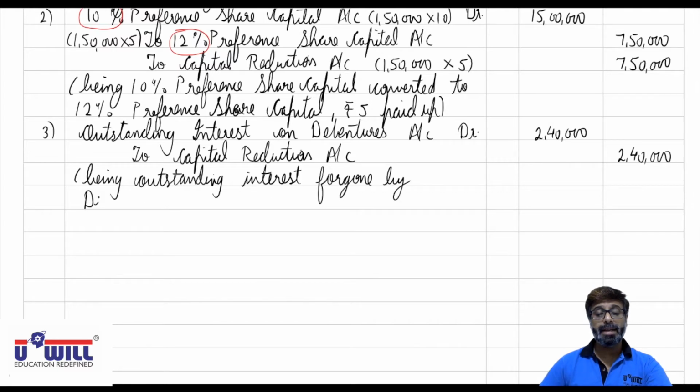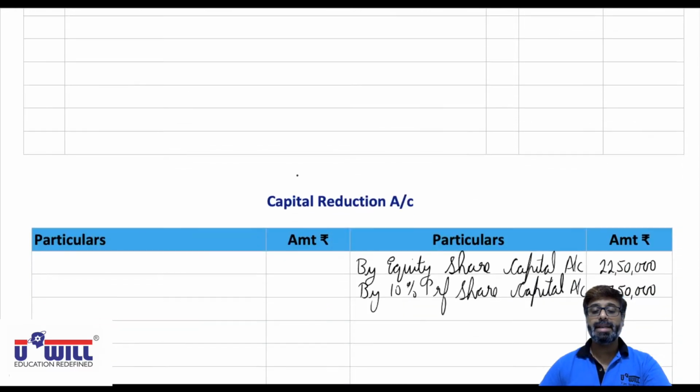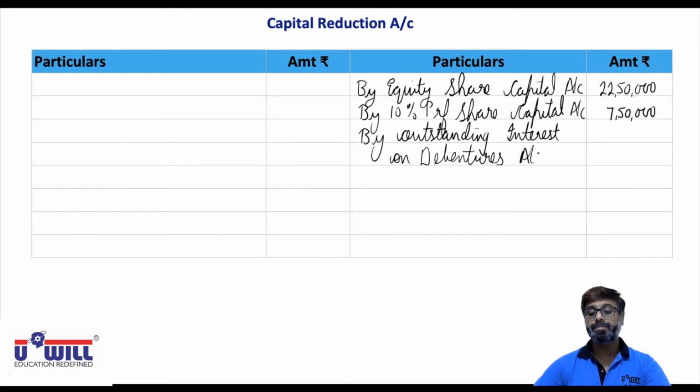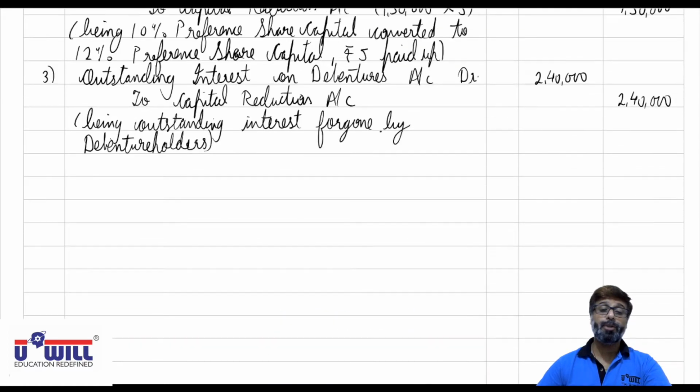Now, in capital reduction we will write on credit side by outstanding interest on debentures account 2,40,000. Okay, I hope everyone is able to follow this.